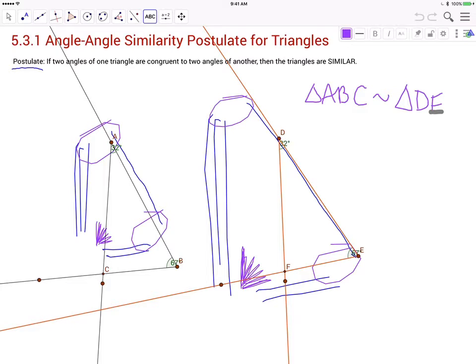E. And what matches with C is F. This happens to be the letter configuration that we choose often, but we just need to make sure that the vertices that are congruent match up at all times, because otherwise the reader won't be able to know which sides of the triangles are in proportion, right? And of course we would be able to say once those two triangles are similar, then we know all the angles are congruent and all the sides are proportional.